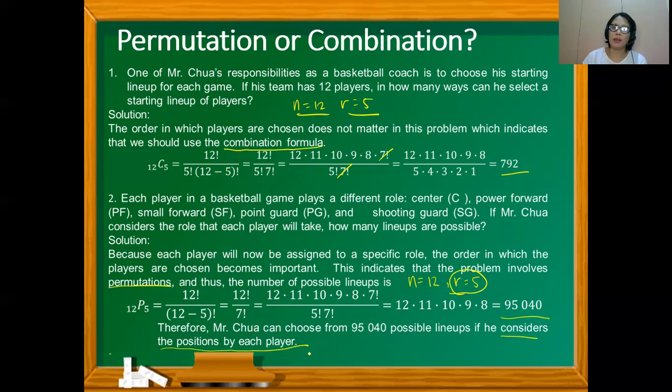So again, in permutation, the arrangement matters or the order is necessary, while in combination, the order or the arrangement is irrelevant. So that's it for now, grade 8.